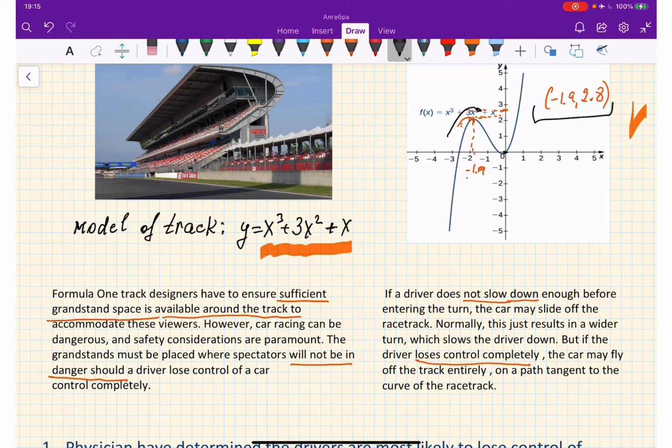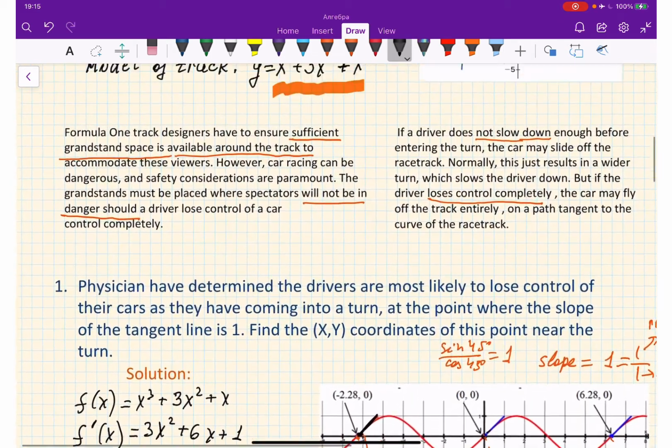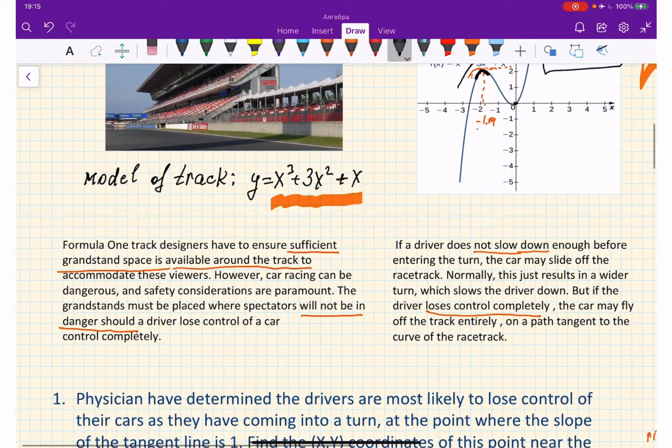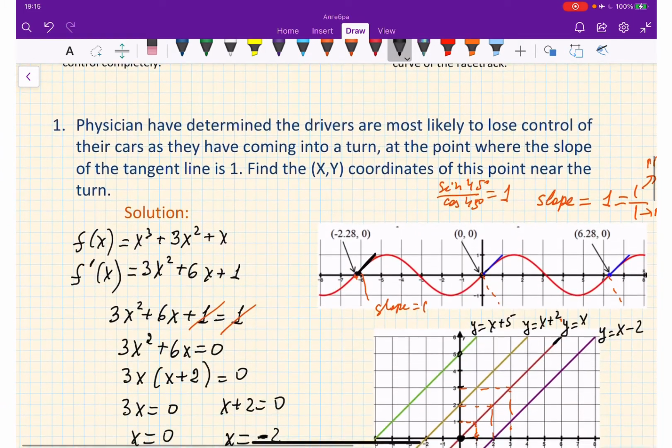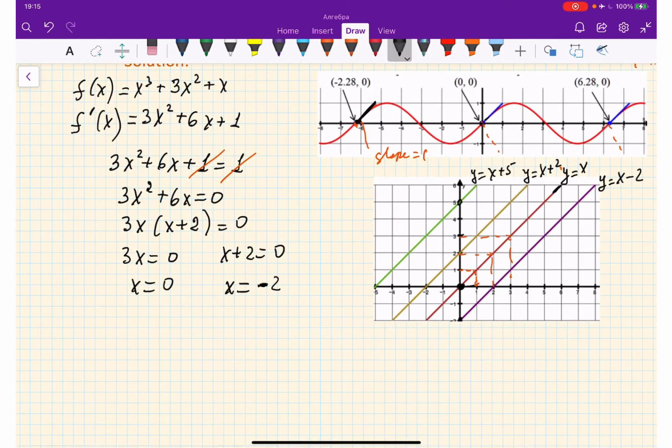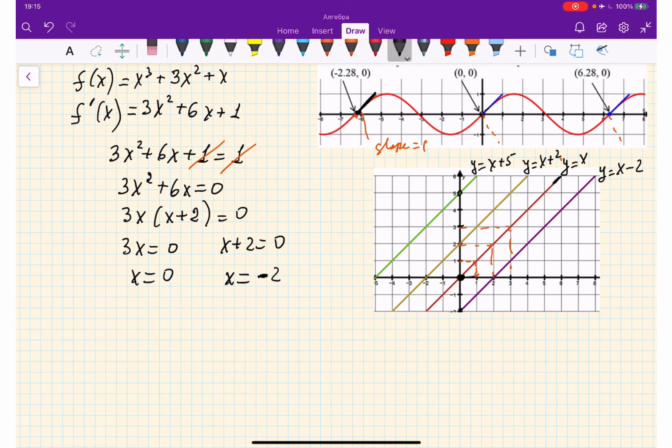We need to explore this turn here, correct? The turning point is negative 1.9 and negative 2 is the one that is getting very close to negative 1.9. That's why we are going to drop 0 and explore x is equal negative 2. Okay, so let's find out how much y is going to be.